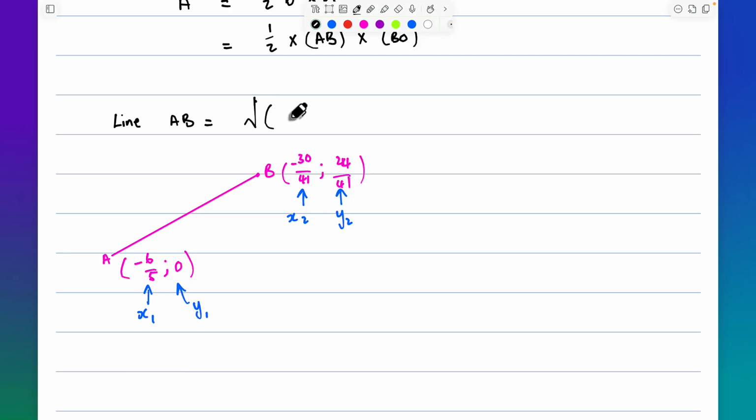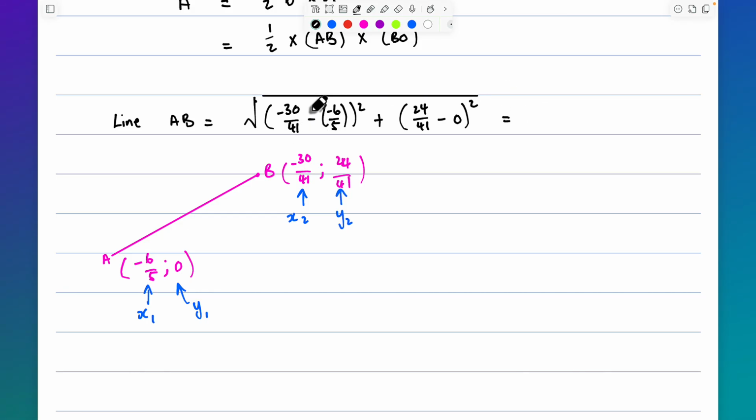The difference of our x's is negative 30 over 41 minus negative 6 over 5, and then you're going to square this, plus the difference in the y's, which is 24 over 41 minus 0, squared, and you close this.